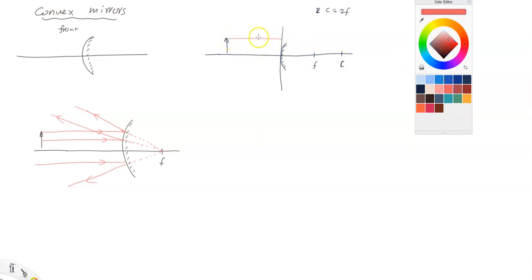Here comes the parallel light, reflects as if it is coming from F. So this is 1. This is how the parallel light reflects.